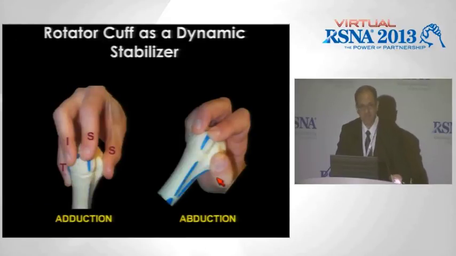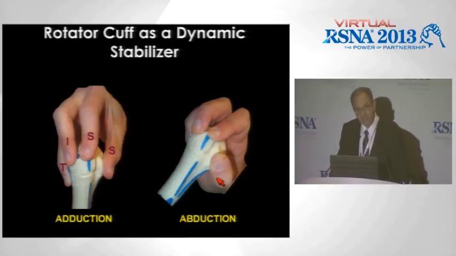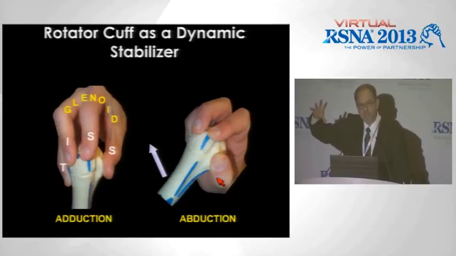So the rotator cuff really acts as a dynamic stabilizer. At rest, or at adduction, while the arm's by the side, these act as passive stabilizers holding the humeral head in position. But when you go into abduction, the rotator cuff muscles pull the humeral head into the glenoid, stabilizing it, causing it to rotate instead of translating.